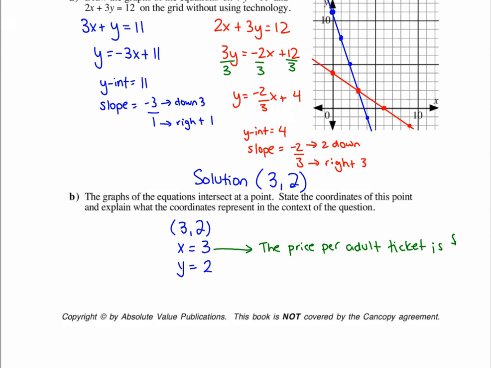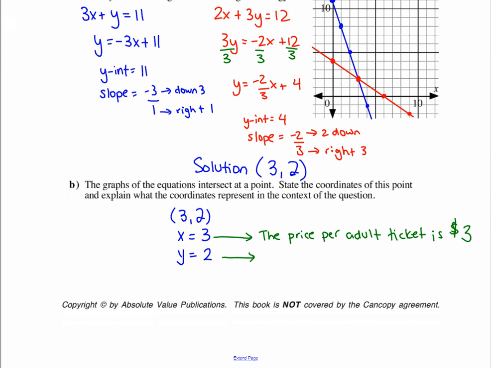An adult should be more expensive, right? The price per child is, that's why we use pencil in math, $2. That's better, okay?